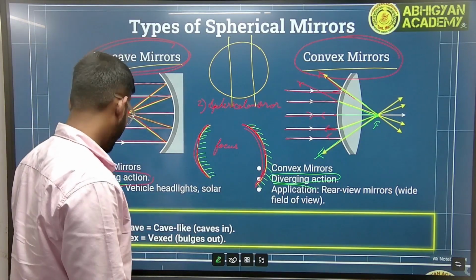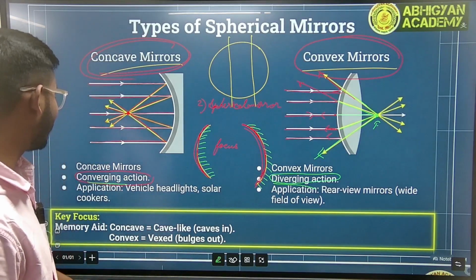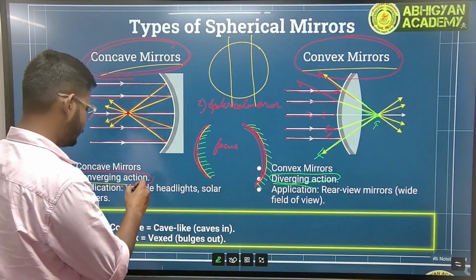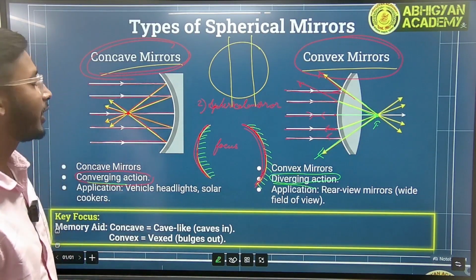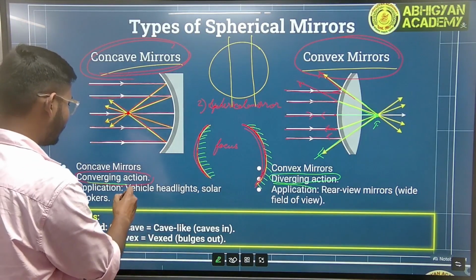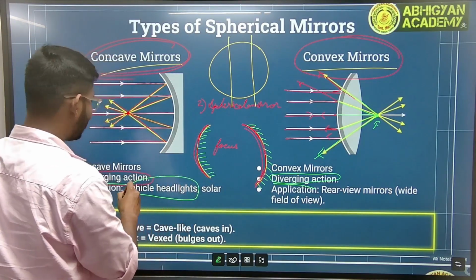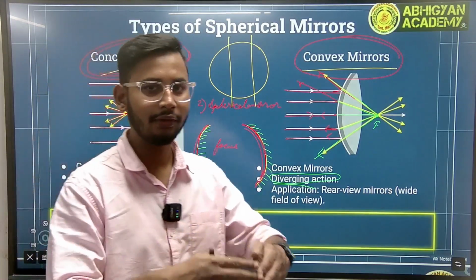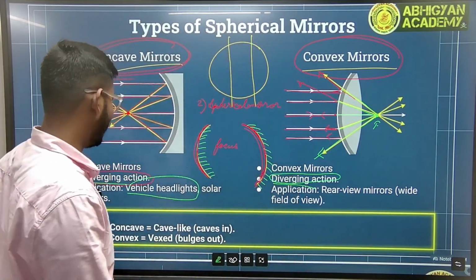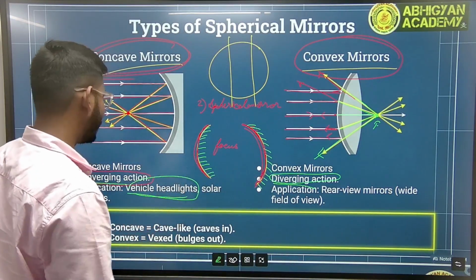Now let's talk about some applications. Concave mirrors are used in vehicle headlights, since light converges at a point, and in solar cookers.